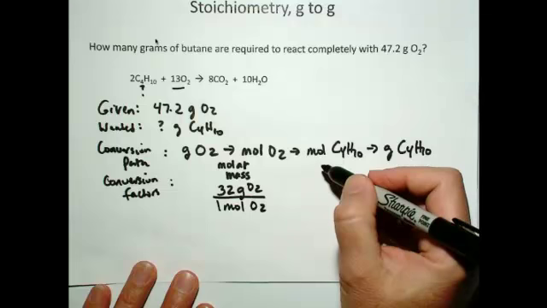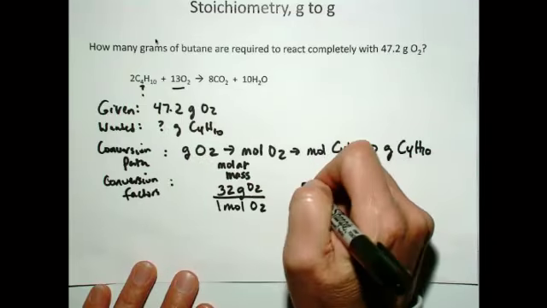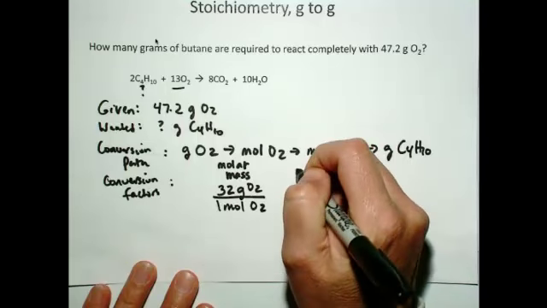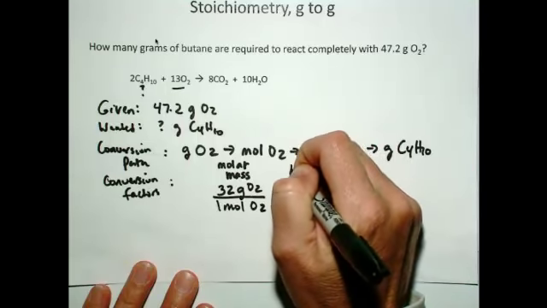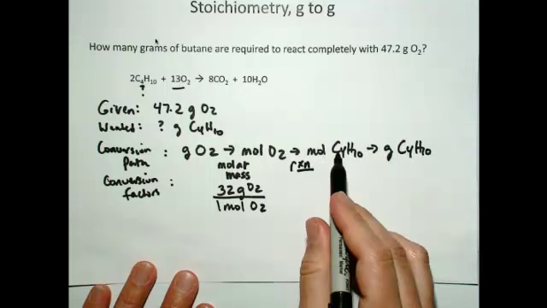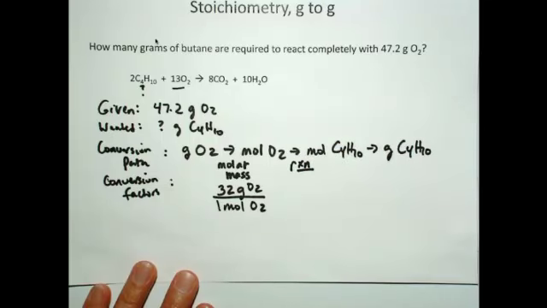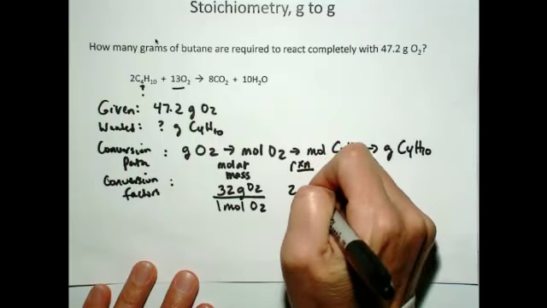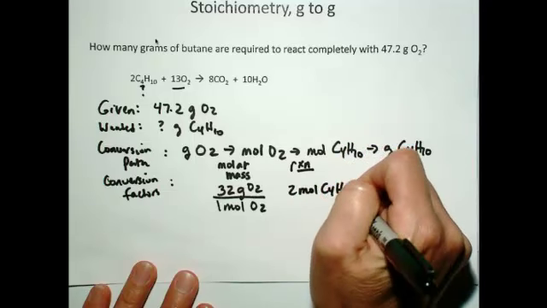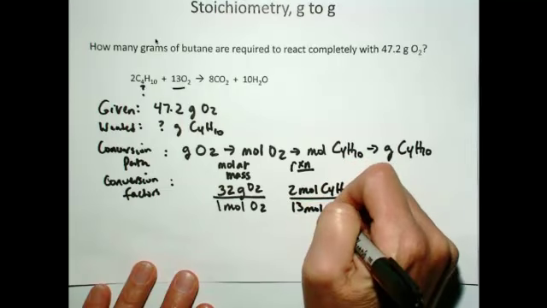And then for moles of oxygen to moles of butane, of course you have the balanced chemical reaction, so use your reaction. That's shorthand for reaction. For the conversion factor from moles of one species to moles of the other, that's going to be, in this case, 2 moles of butane are consumed for every 13 moles of oxygen consumed.